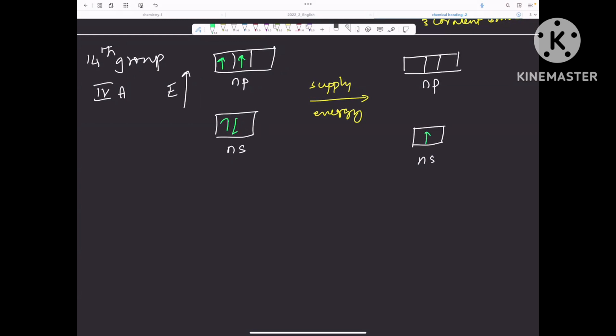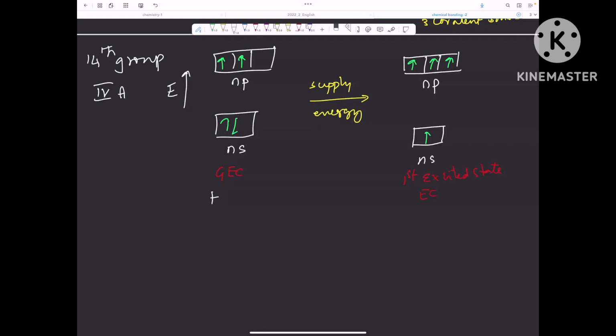One of the ns electrons will be excited to np. So this is called ground state electronic configuration, and this is the first excited state electronic configuration.